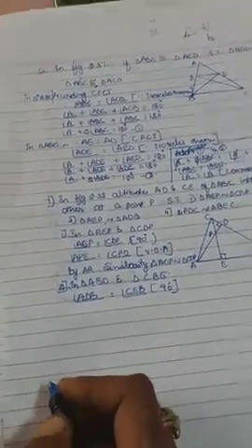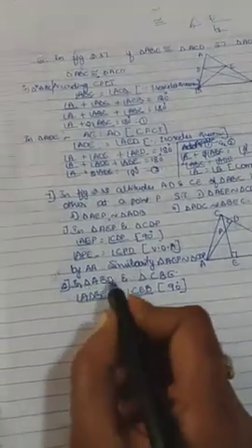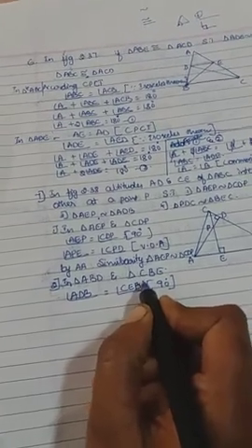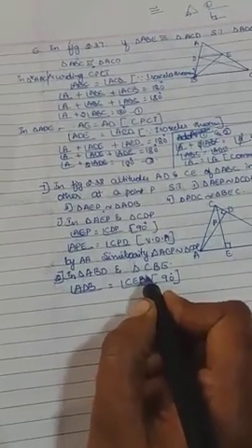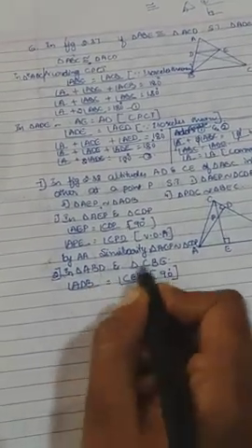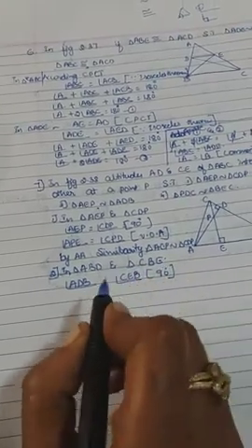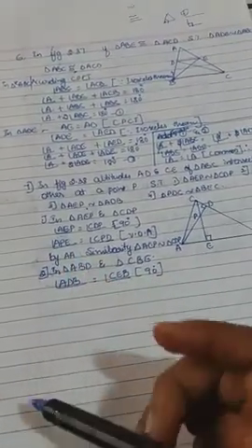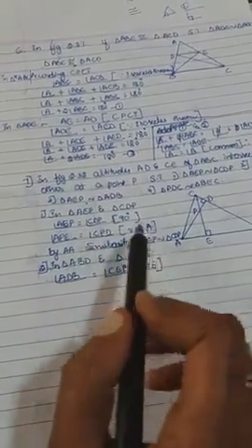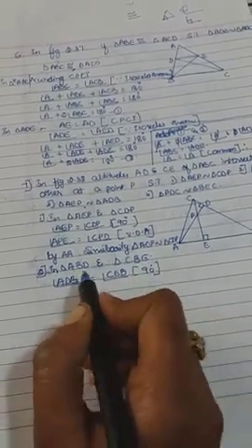For the AA similarity criteria, we require one more angle. In both triangles we can get a common angle. Which angle is it? B is the common letter in both triangles, so that should be the common angle. If there is no common letter, we have to make angles equal by taking alternate or vertically opposite angles.